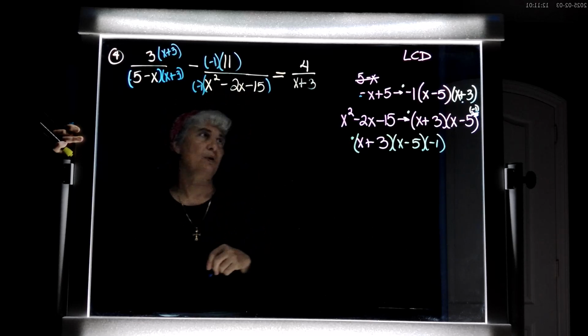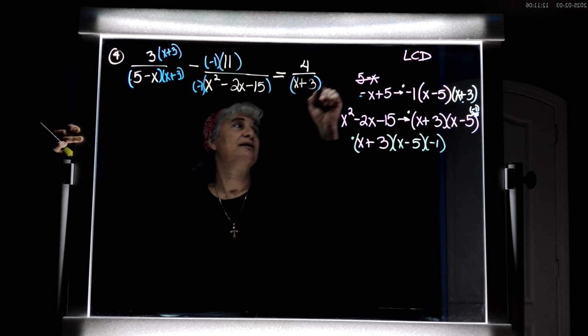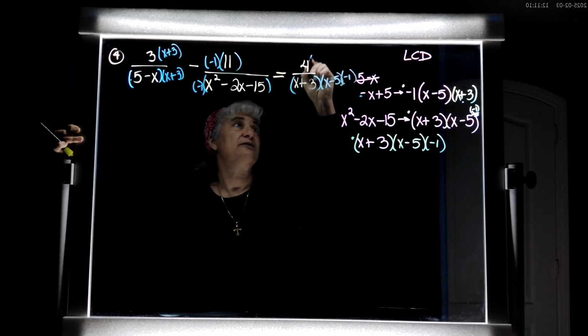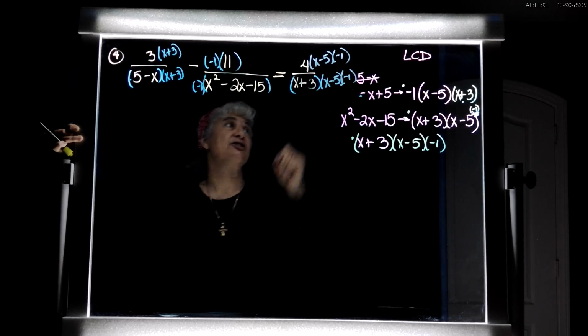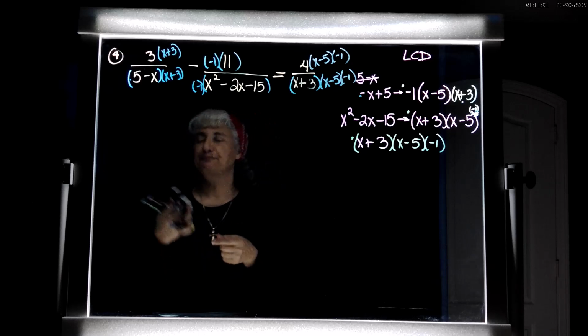Got it? Denominator number 3 was missing the x minus 5 and the negative 1. So to the top and bottom, we are going to multiply by such. Cool? All right, let's see what's going on.